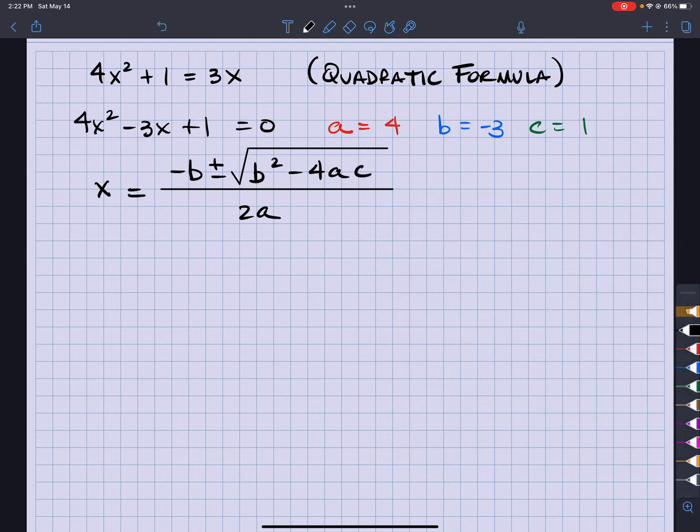So x is equal to, so this right here, guys, says negate b. So whatever b is, use the opposite sign.